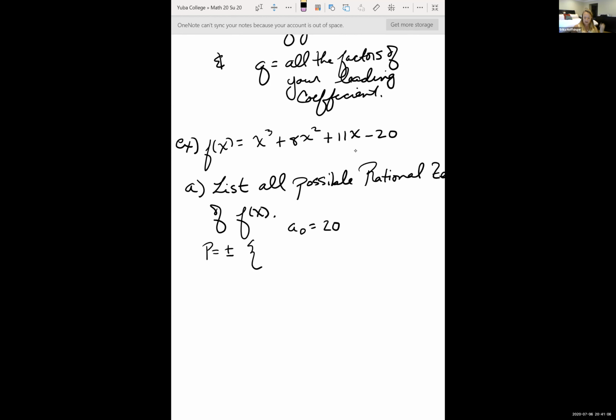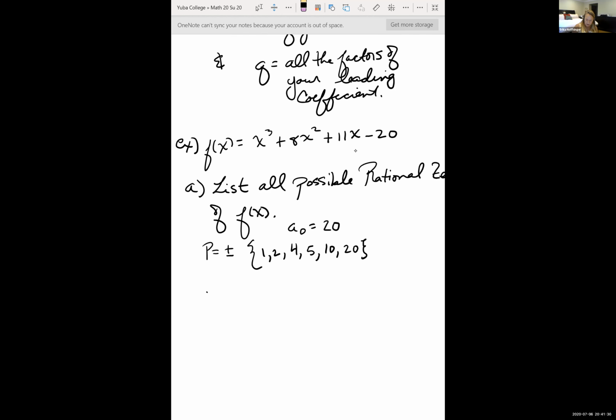So 1, 2 goes in there evenly, 3 does not, 4 goes in there evenly, 5 goes in there evenly, 6 does not, 7, 8, 9, 10 goes in there evenly, and itself 20 goes in there evenly. So here are all the factors that would go evenly into our constant.